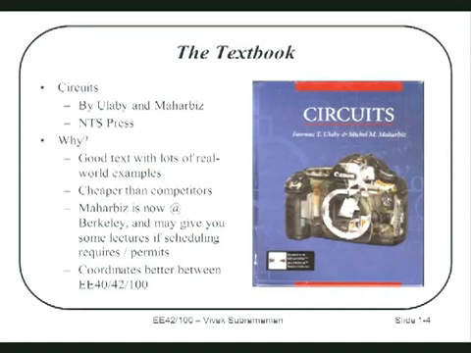Now 42 and 100 are essentially tied to each other. They have separate curves for grading, and that's fine. But really, we'd like to get all 3 aligned and just have separate curves for each of the courses. Yes, question? Same text, same notes, same syllabus, same project, same labs. 100, 40, 42. All the same. Okay? And we're hoping that we can get things merged even better than that. All right.